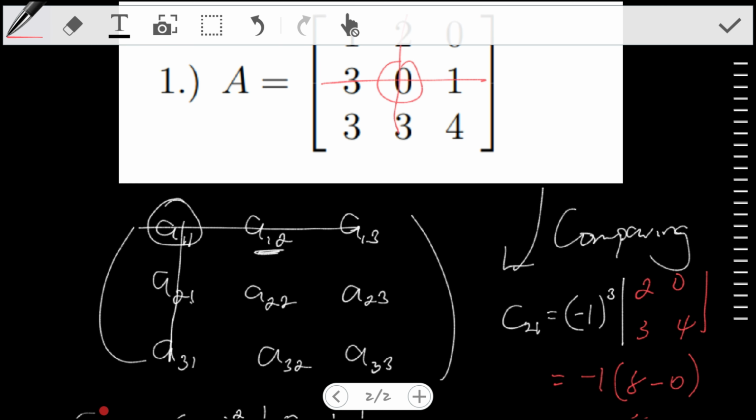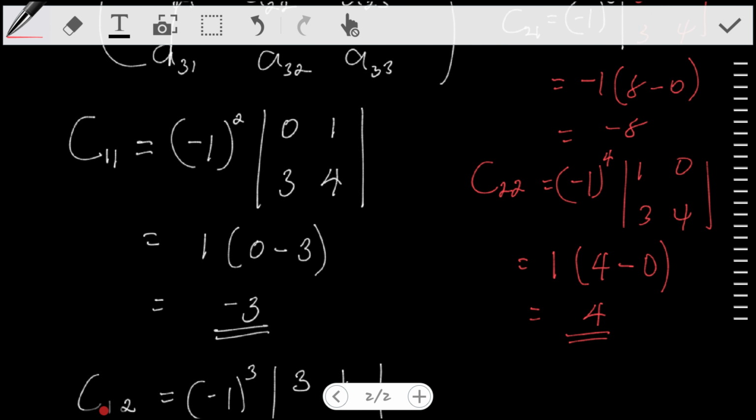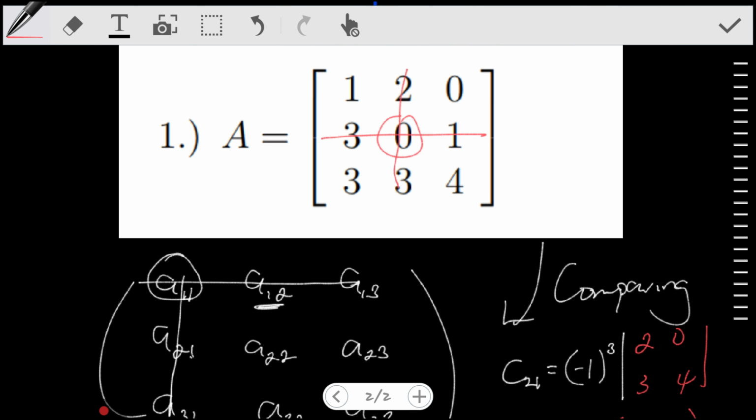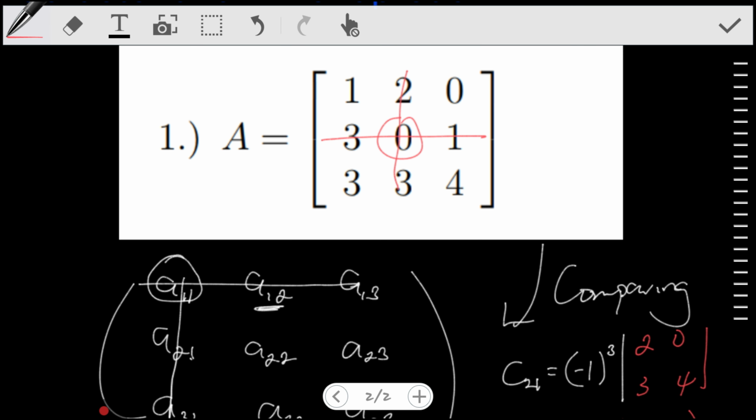Now let's go to 1. This 1 is in the position C23, which will be equal to negative 1 to power 5. Now let's form the minor matrix for 1. Let me remove this so that we can identify easily.